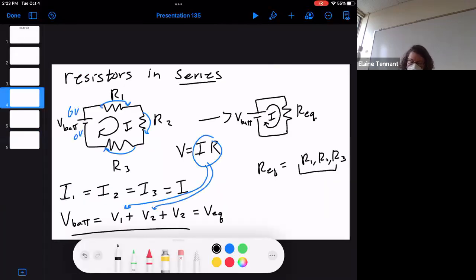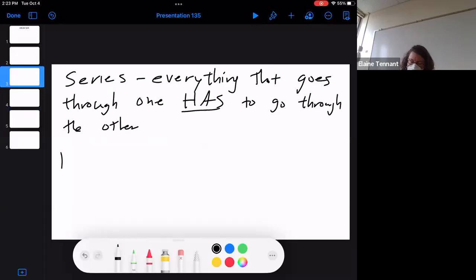Let's do parallel. And so what's a good definition for parallel? Okay, so the current gets split between the resistors. So current that goes through one will not go through the other.